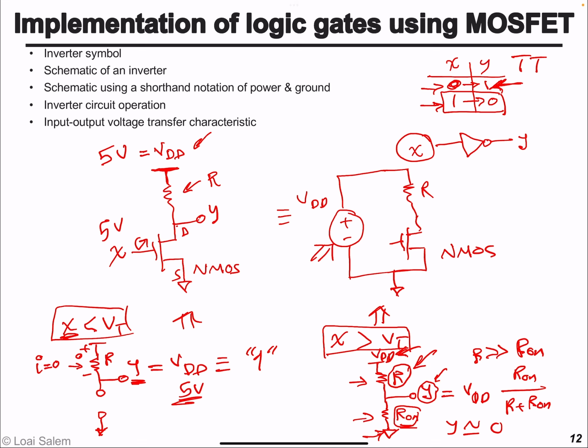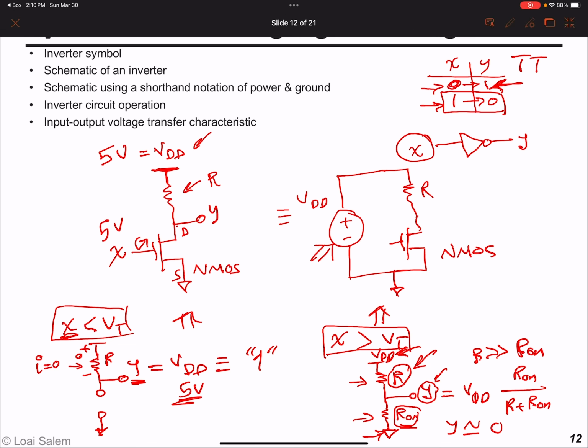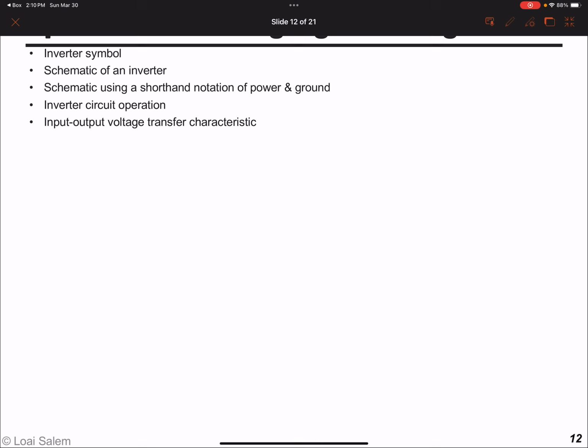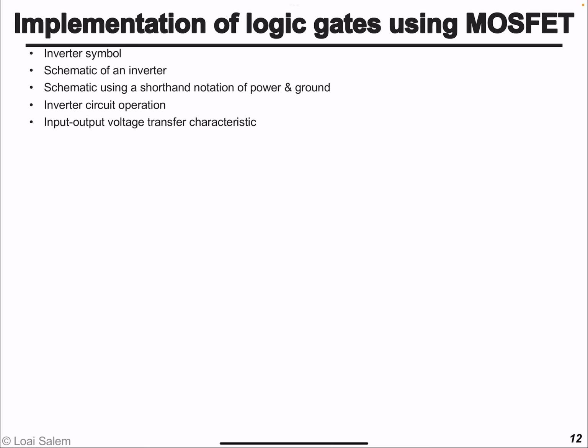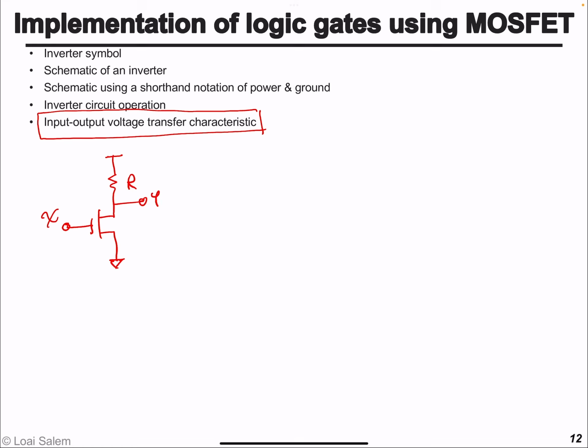Okay, so let's try to sketch the input-output voltage transfer characteristic of the inverter that we just built. So we have a resistor, we have the NMOS, input is X, output is Y, supply is VDD.